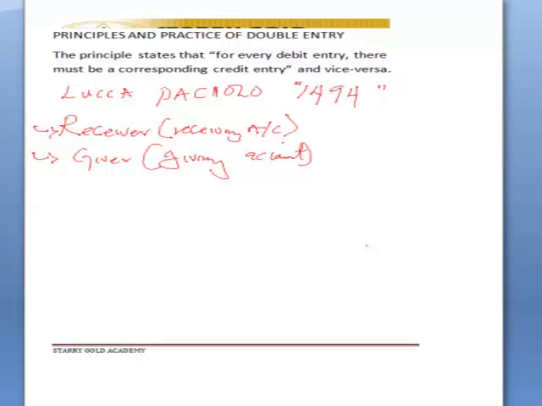Now, when we record transactions on the double entry principle, it will be good for us to understand the principles of posting to the ledger. The first thing we must do is recognize the transactions, which I stated earlier are classified into two: the cash transactions and the credit transactions.